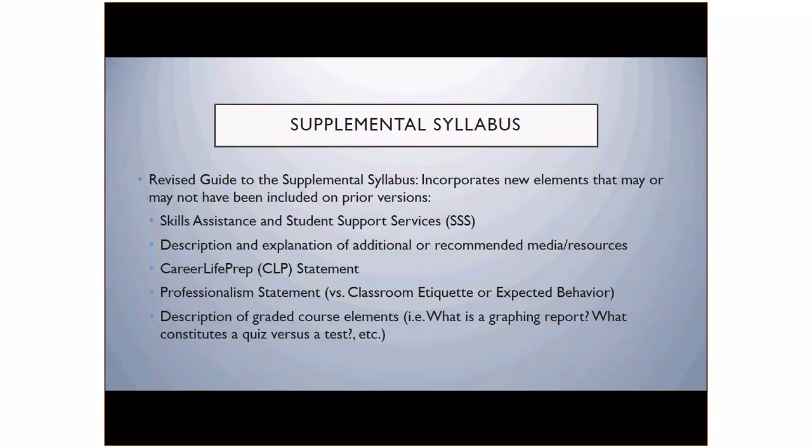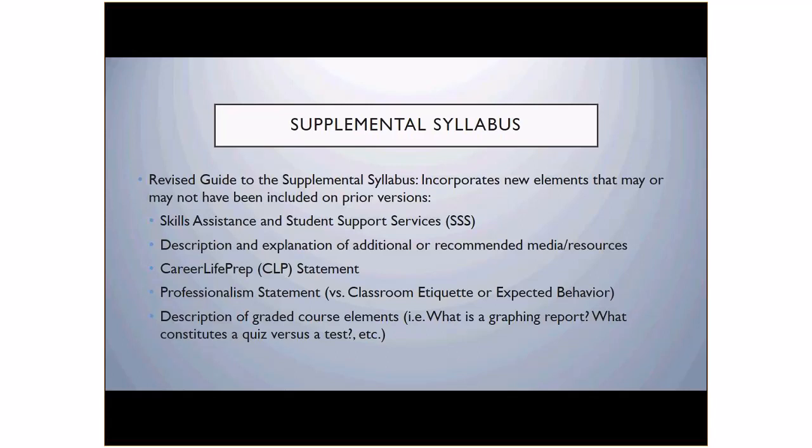First of all, we want to make sure that you are separating what's called skills assistance from student support services. All of us as faculty members are required to have SSS time. For those of us who are part-timers, that's on our contracts. We're required to put in an hour's worth of SSS time for 3 hours of instruction.